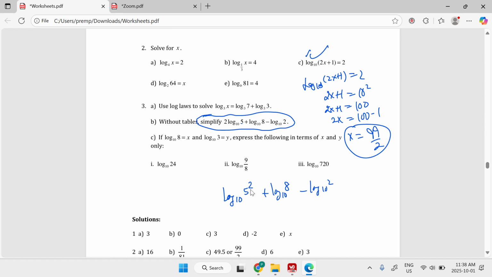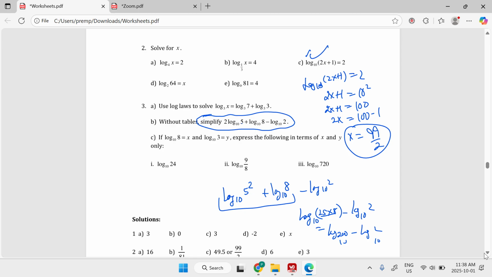So this is log of 25 actually, and these are plus. Plus means we can multiply the values and write a single log. So we write log base 10 of 25 times 8, minus log base 10 of 2. Now 25 times 8 equal to 200. So we'll say log of 200 minus log of 2 with all the bases 10.